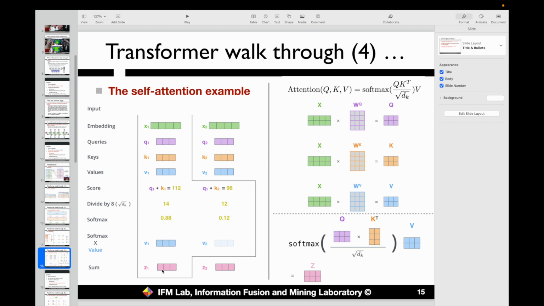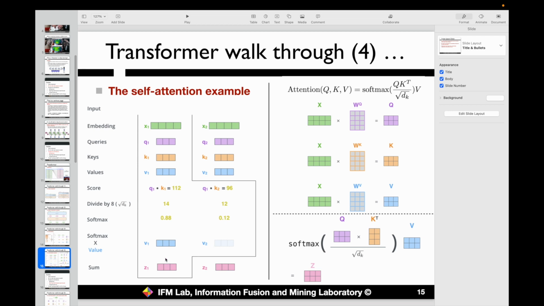Then how can we define the Z1 vector? Z1 equals the weighted summation of V1 and V2, and the weights are denoted by the scores we calculated here. So Z1 will be equal to 0.88 times V1 plus 0.12 times V2.